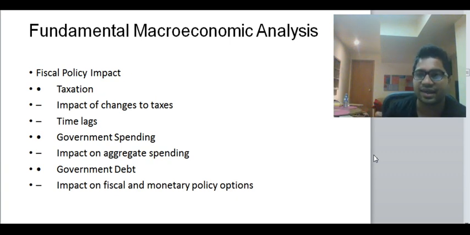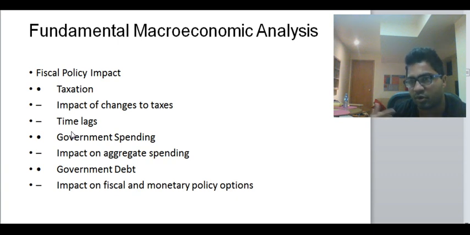Last is government debt. An increase in government debt ties up the future income. So the future flexibility of the government and its citizens decreases if the debt increases. So an increase in government debt is not considered positive by the markets. A decrease in government debt is generally considered a sign of a positive and a strong country. So fiscal policy has taxation and the impact of taxation, but there are time lags.